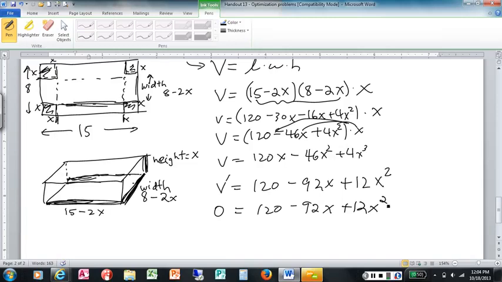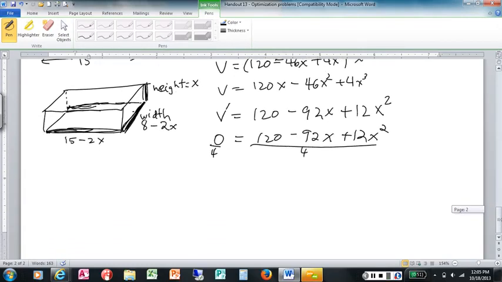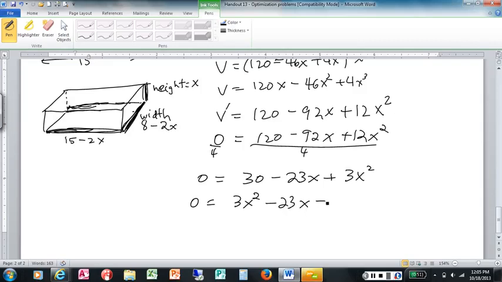Well, one thing I can see at least, does 92 divide by 12? No. I can divide all this by 4. Make it a little easier on myself here. So I have 0 equals 30 minus 92 divided by 4, 23, x plus 3x squared, or 3x squared minus 23x plus 30.